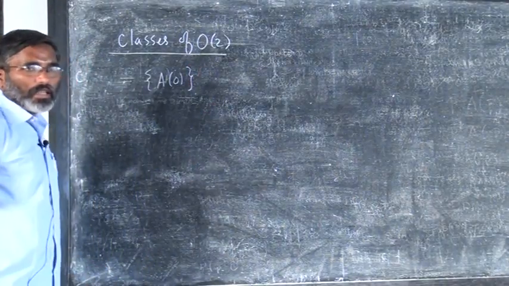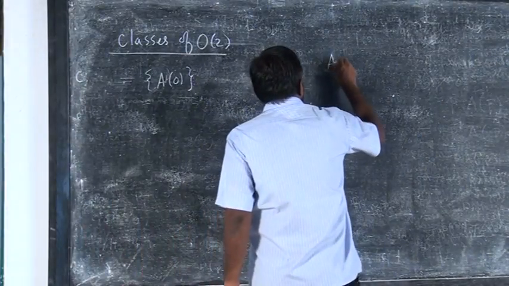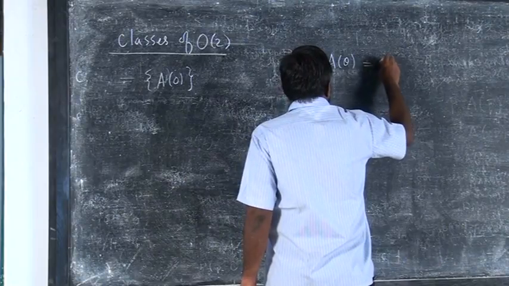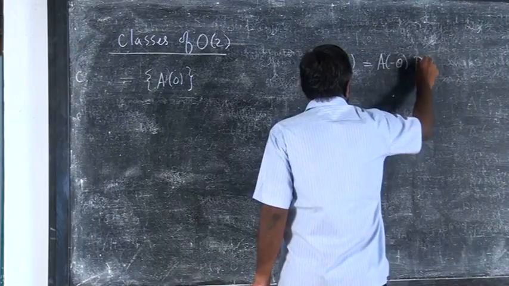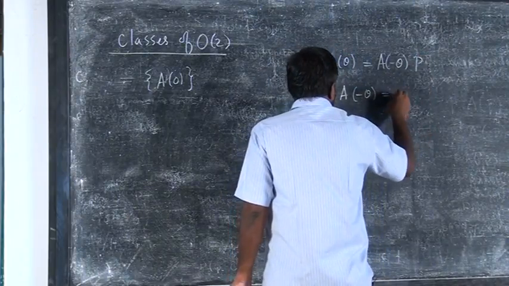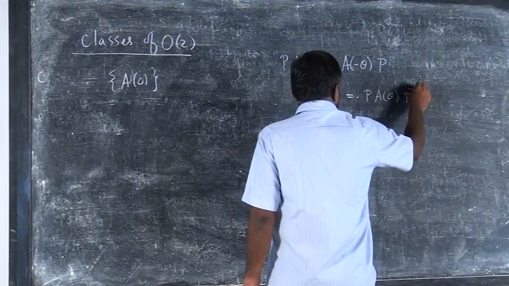A of 0 is a single class, but we have already seen that A of theta, P A of theta is A of minus theta P, which means A of minus theta can be written as P A of theta into P inverse.